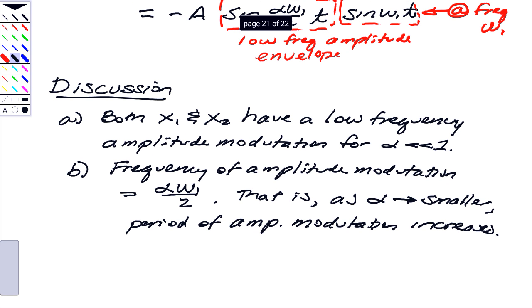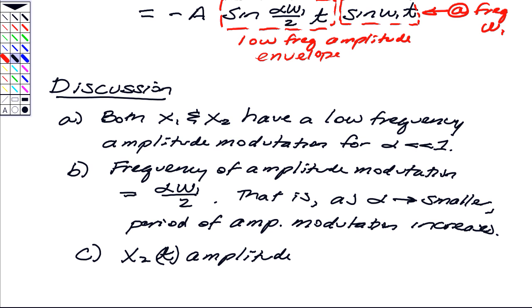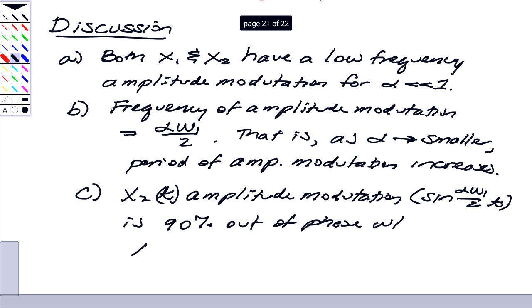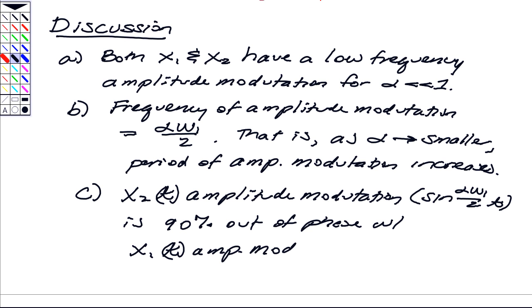And note also that the x2 of t amplitude modulation, which is sine alpha omega 1 over 2t, is 90 degrees out of phase with the x1 of t amplitude modulation, which was cosine.